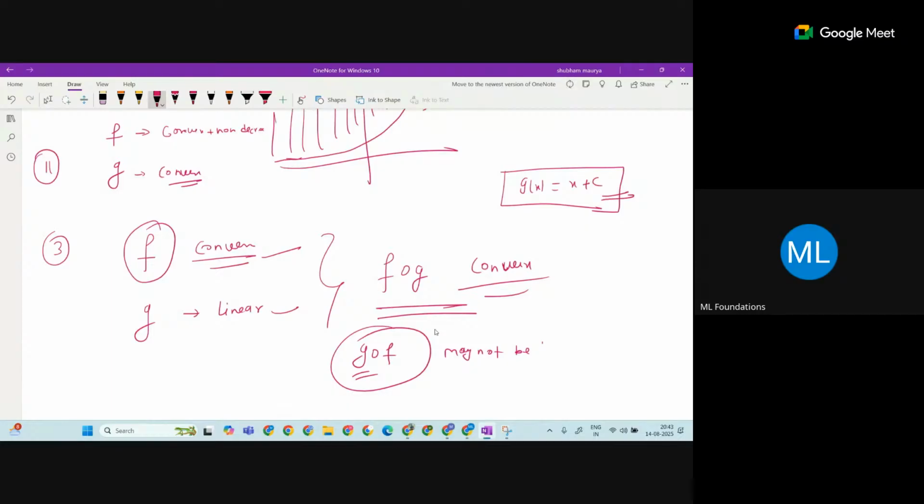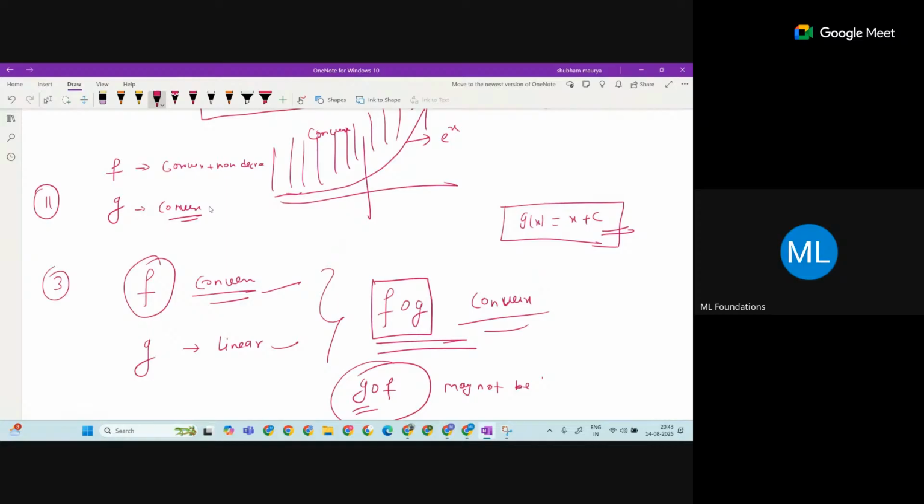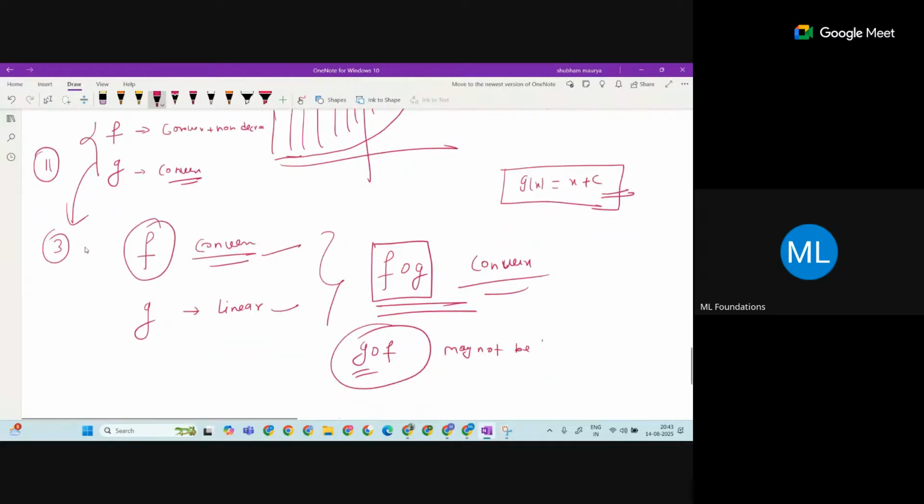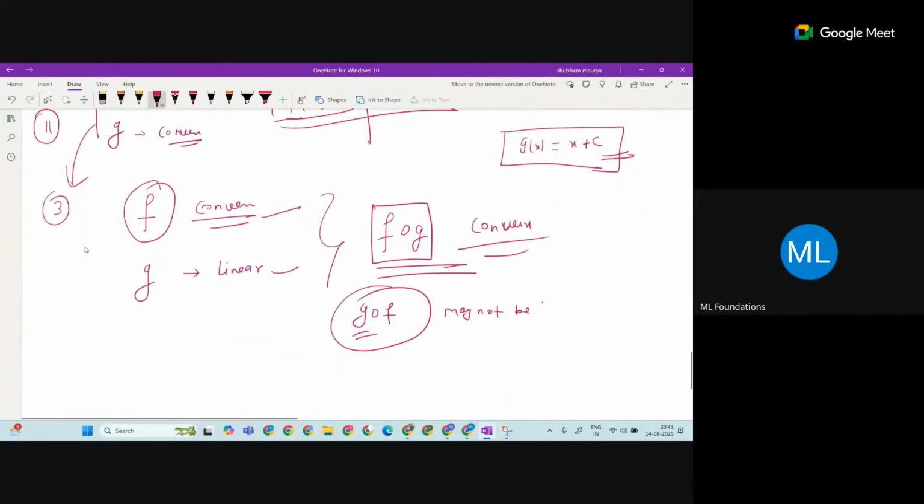When I am posing the condition, you have to remember how it is composed: is this f of g or g of f? These are some properties of composing two functions. This third property is giving some relief on the condition: f is convex, g is linear.